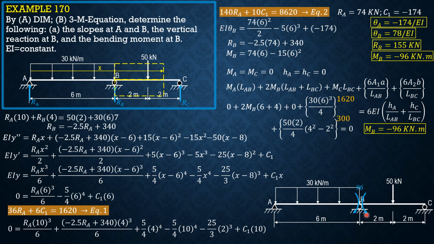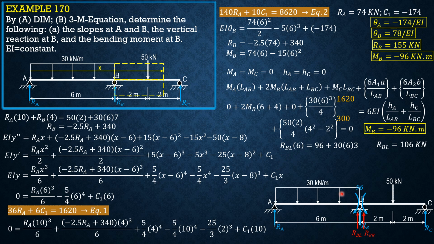So we will call the reaction component of B as RB left and RB right as shown. Considering AB first, we sum up moment about A equals 0, counterclockwise positive. RB is RB left plus RB right. So RB left times 6 equals 96 plus moment of load 30 times 6 times 3 about A. So RB left is equal to 106 kilonewtons.